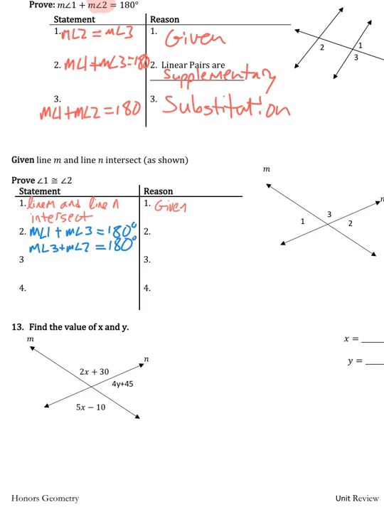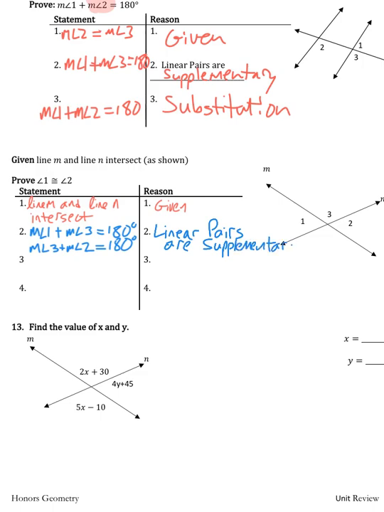Those are a special kind of angle pair, and they have a name because they're connected and they make a straight line. 1 and 3 together make a straight line. Since they make a line, they are a linear pair. And we know that linear pairs are supplementary. And supplementary means that they add to 180. All right?